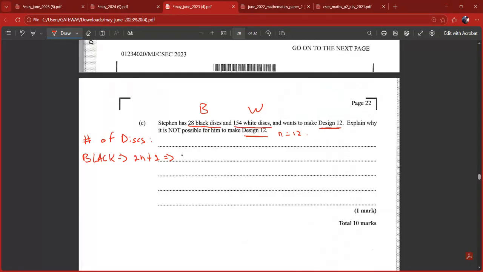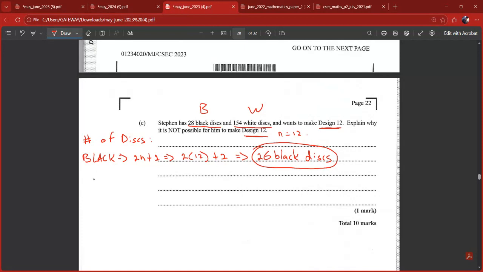So it will be 2 times 12 plus 2. 2 by 12 is 24, and 24 plus 2 is 26. So it's 26 black discs that design 12 requires, and how many does he have? He has 28. So you have 2 more than what is required, so that is safe. You have enough black discs.